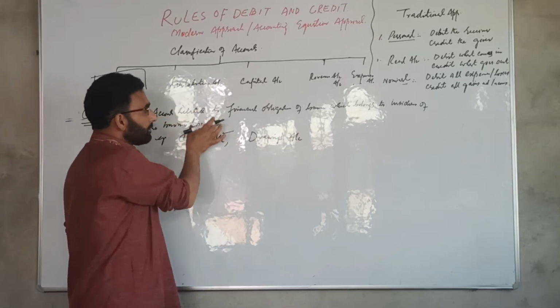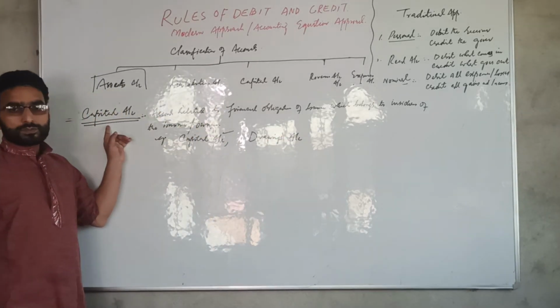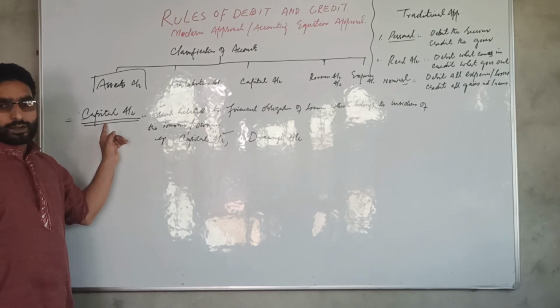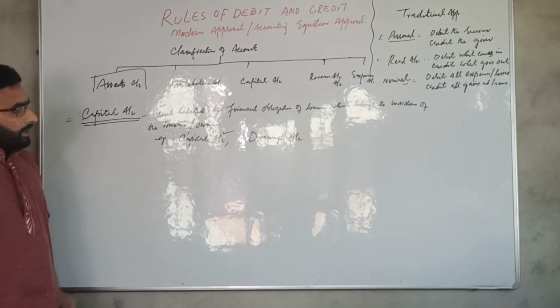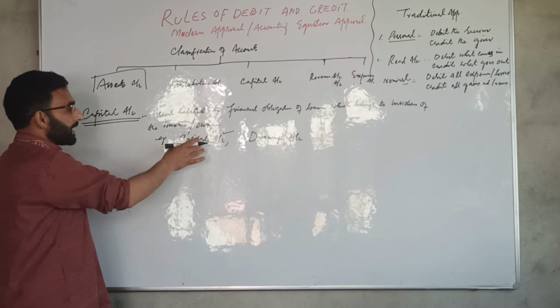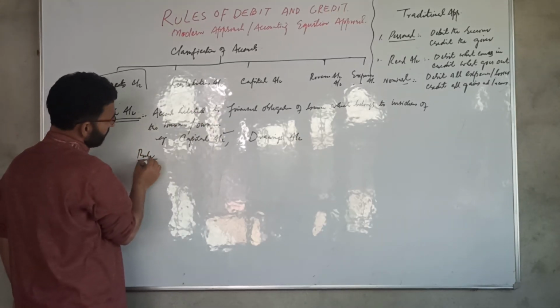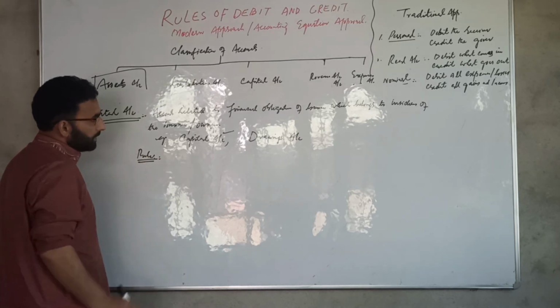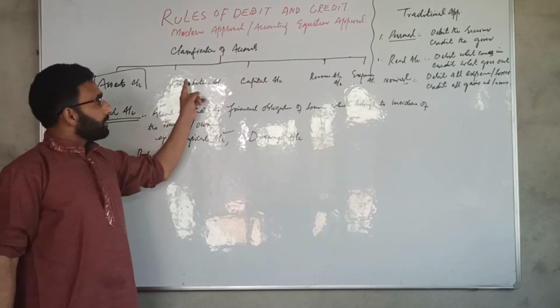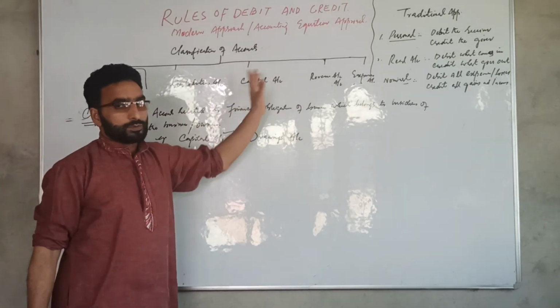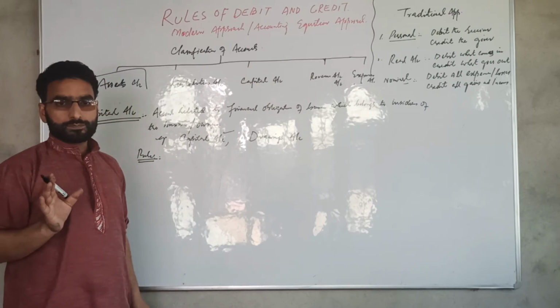Both the accounts are capital accounts. Now, taking the example, the rule for liabilities, capital and revenue: these three terms have the same rule.